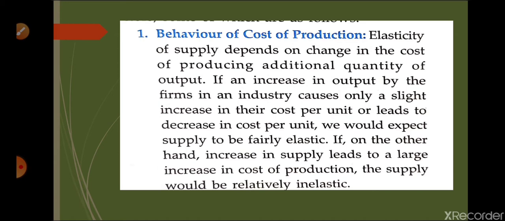So if a producer is willing to produce additional quantity, and the input prices increase more than the price, meaning to increase the quantity of production his raw material or input price is increasing more, then supply will be inelastic. And if he has less change in input and more change in price, then supply will be more elastic. So is it clear what I said?